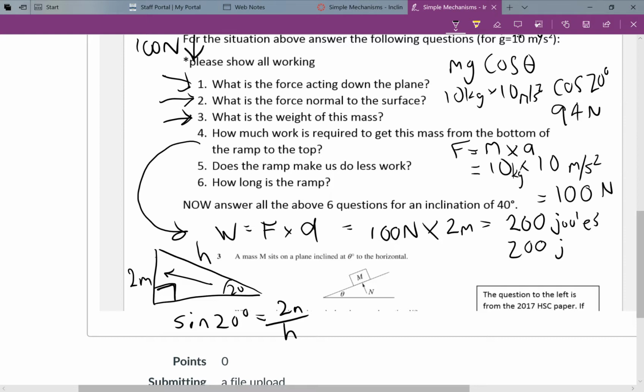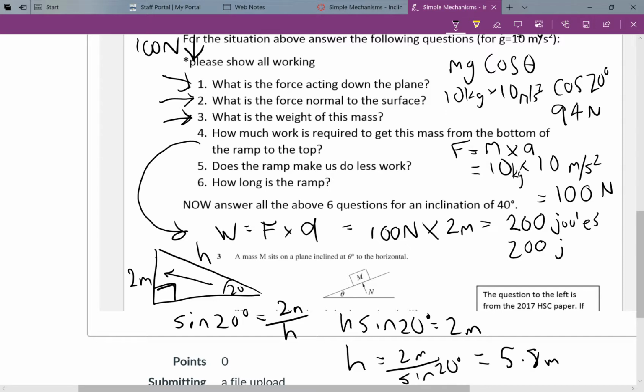Multiplying both sides by h, we'll end up with h sine 20 degrees is equal to 2 meters, and then we divide by sine 20 on both sides, we get h equals 2 meters over sine 20 degrees. And that gives us a ramp length of 5.8 meters approximately.